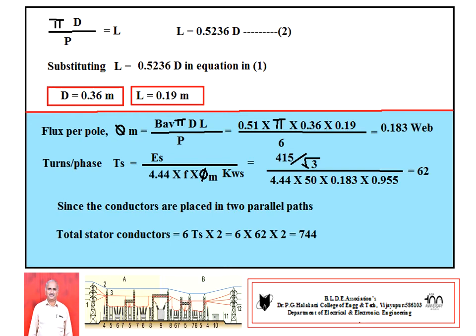Getting the idea? In previous problems we calculated only 6 times Ts, because if it is not mentioned it means one path. Now with two parallel paths, please observe this point: 6 times Ts for one path, then twice that gives total stator conductors of around 744.